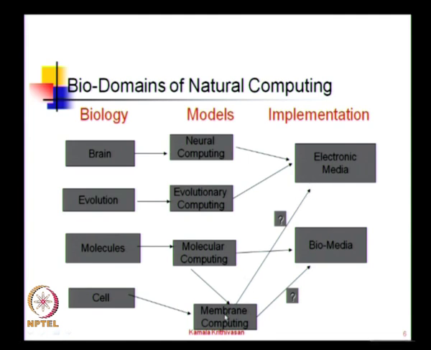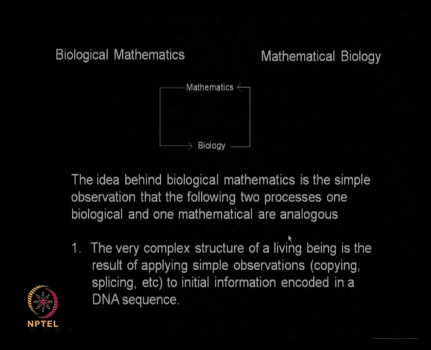That is, this may develop as a bio inspired model of computing like evolutionary computing or neural computing, and will be implemented in the electronic media only. Molecular computing or DNA computing is implemented via biomedia.